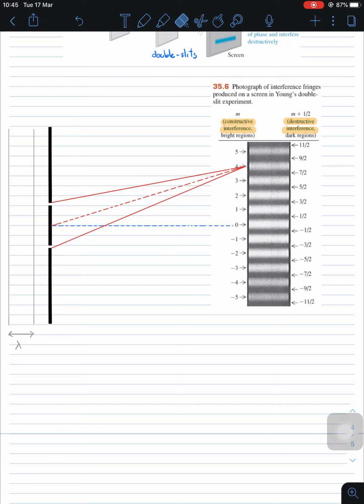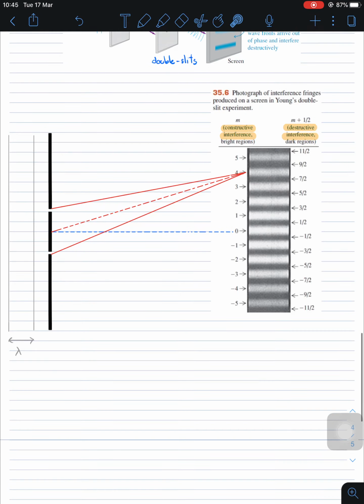Now you can see that I have three lines. The first one comes from the slit to the point of interest, and the second one is from the center of the two slits to the point of interest here.